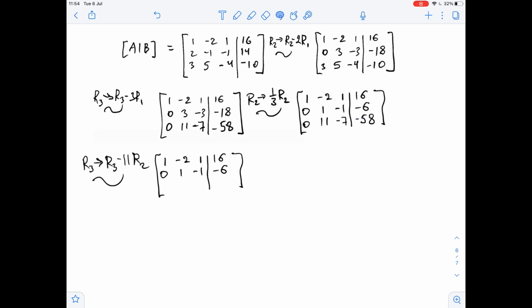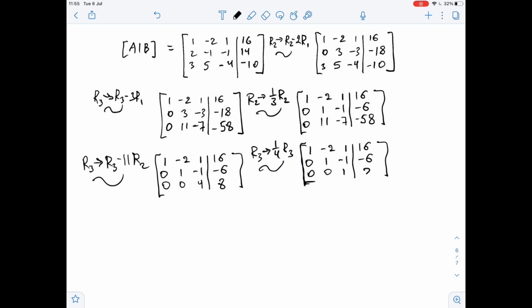And in the third row, we will have 0, 0, 4, 8. And now we will multiply the third row by 1/4. So here we get, again, the first two rows stay the same. But in row 3 we get 0, 0, 1, 2.